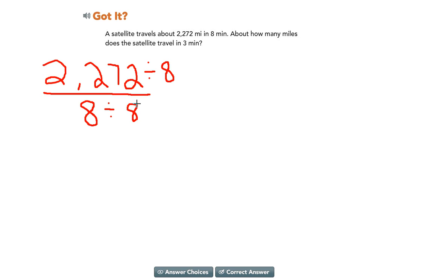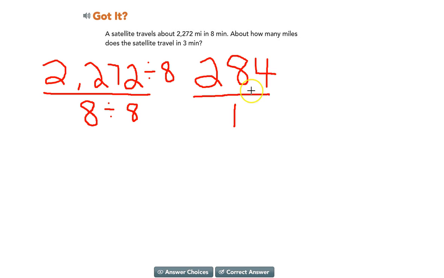And when I do that, I get 284 miles in 1 minute. So that's how far the satellite travels in 1 minute.